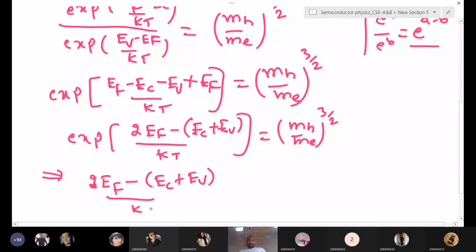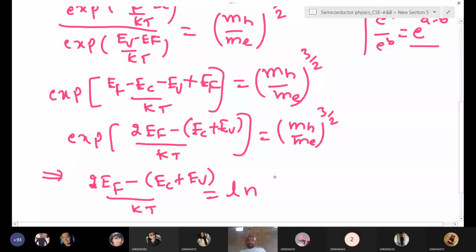Here, ln of a power x, or 1 by 2, any constant, you can write out here, ln of 1 by 2 ln of a, like this way you can write. Okay, ln of MH by ME.